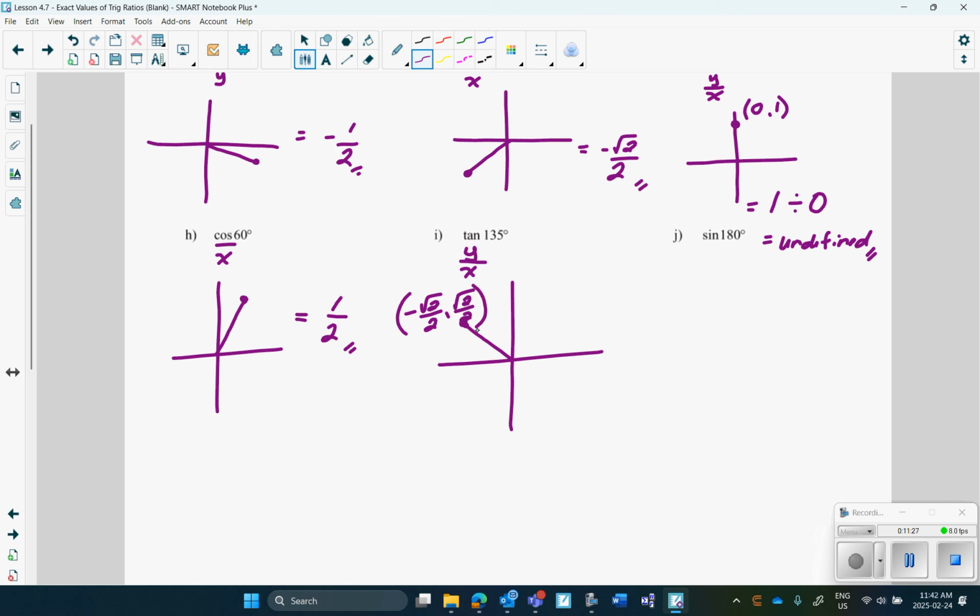So I have to do the second one, root 2 over 2, divided by the first one, negative root 2 over 2. Well, I don't need to change this to multiplication because what's anything divided by itself? 1. But anything divided by its negative self is negative. I mean, you can switch it to multiplication. It's still going to work out to negative 1.